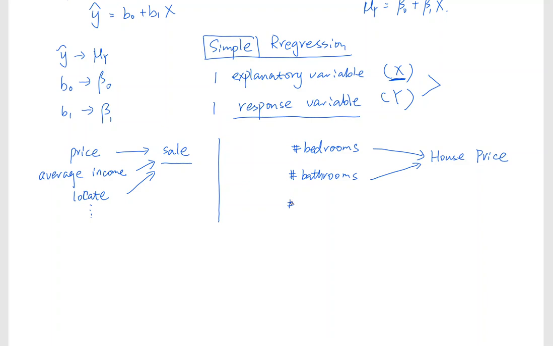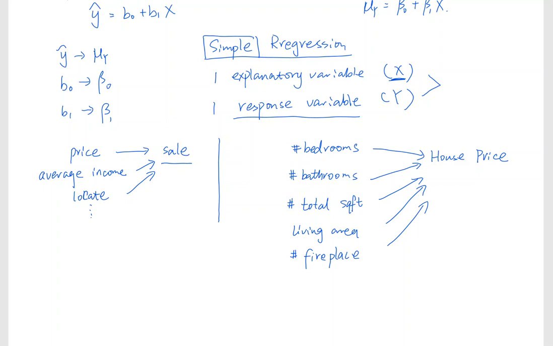For example, the total area in square feet will also affect the house price. Something else like the living area will affect the house price. For example, the number of fireplaces will also affect the house price, right?